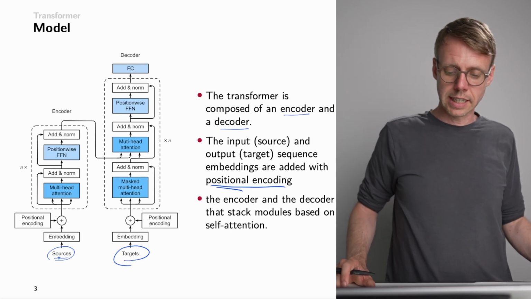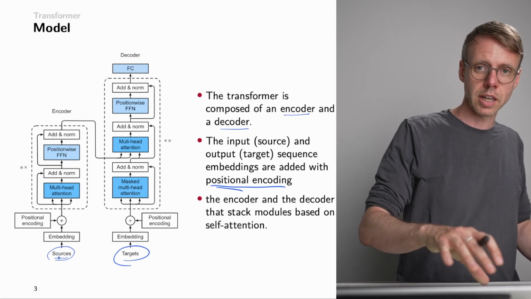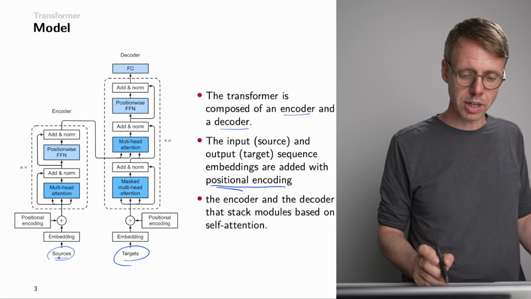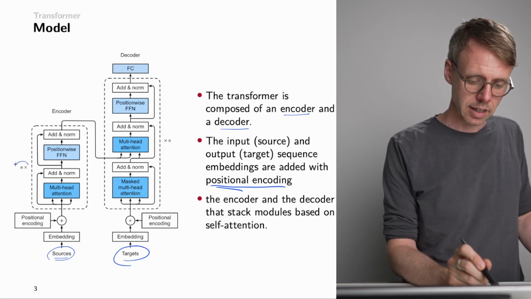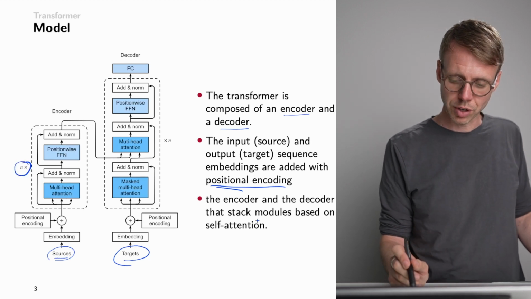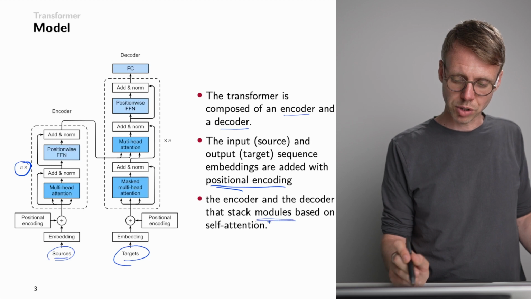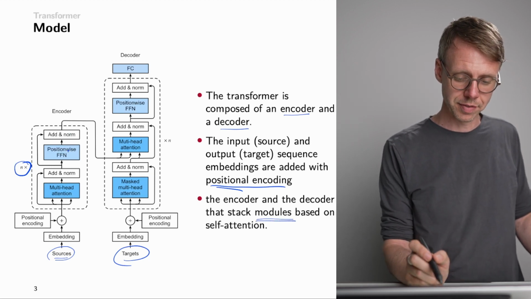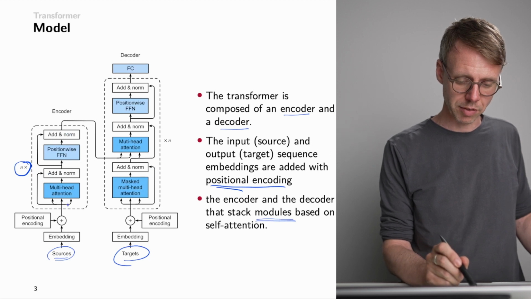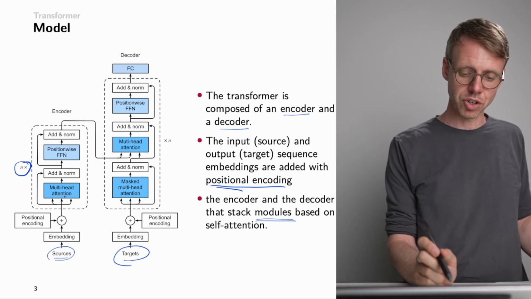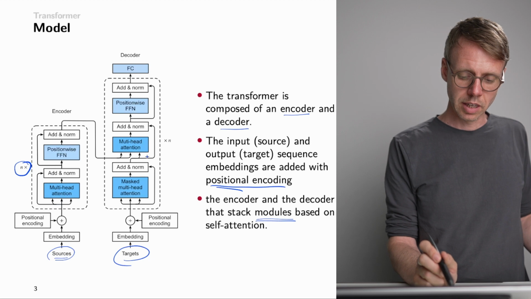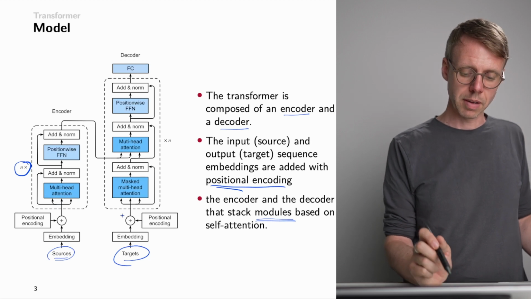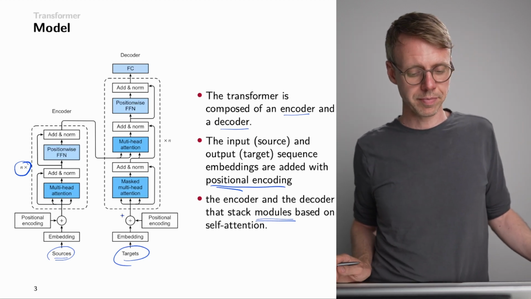Then we see that both the encoder and the decoder stack multiple of these modules that are all based on self-attention. Here we have a multi-head self-attention, and here we have a multi-head self-attention.